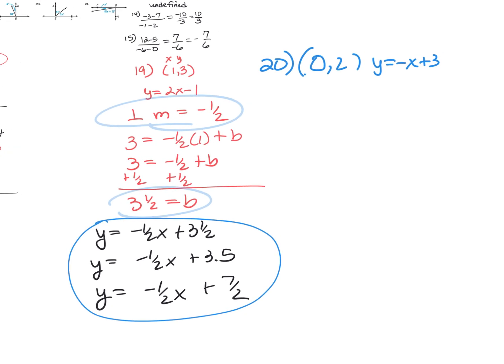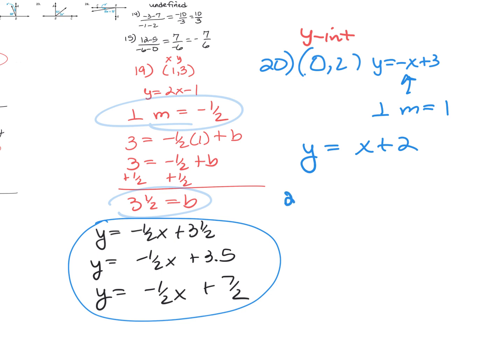Now, for those of you who recognize this, the point is actually going to be the y-intercept of the new equation. So I really don't have to find a b, I just have to find the opposite reciprocal slope. So my perpendicular slope here is going to be the opposite reciprocal of negative 1, so my perpendicular slope will be positive 1. So my new equation is just going to be y equals x plus 2.